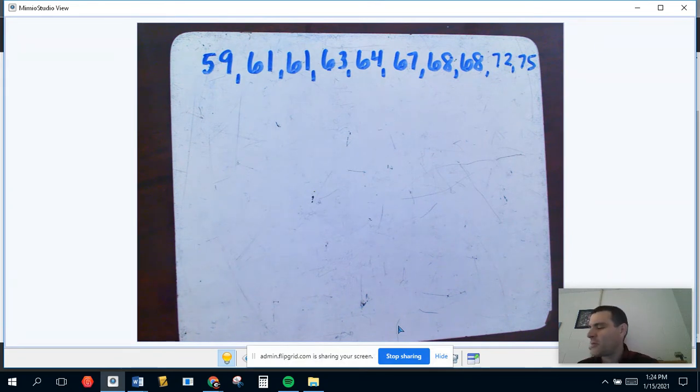With the box and whisker plot, we need 5 points of data.